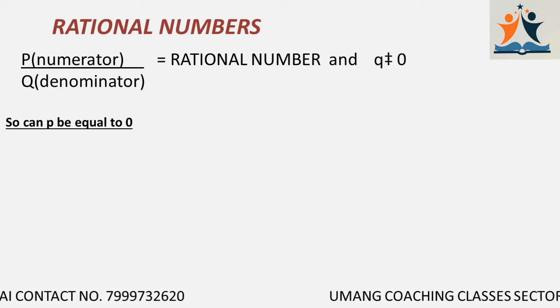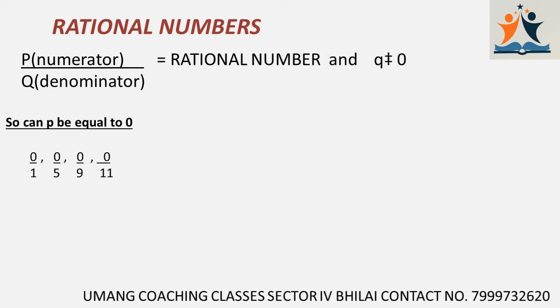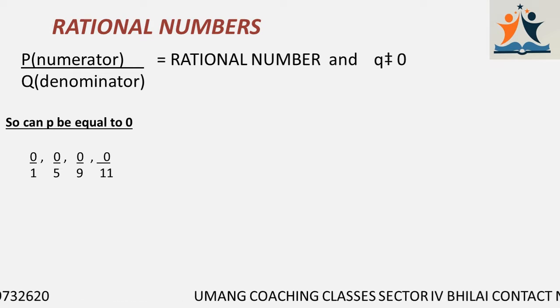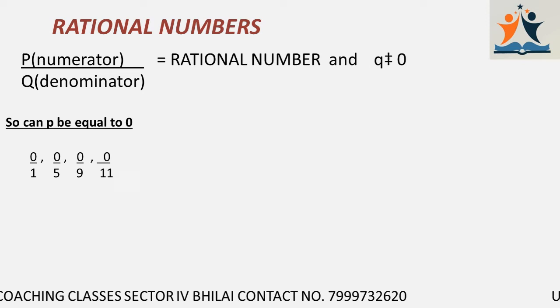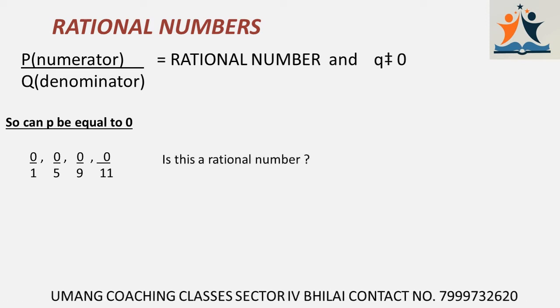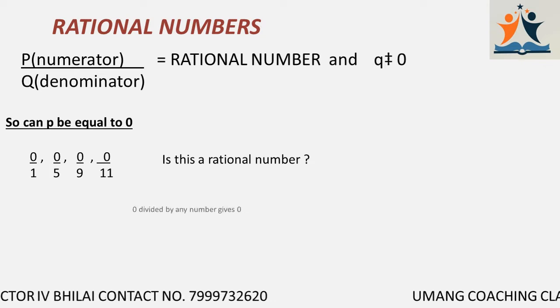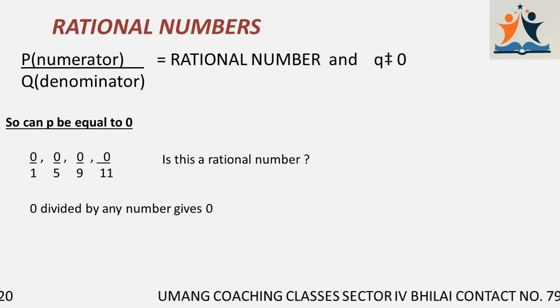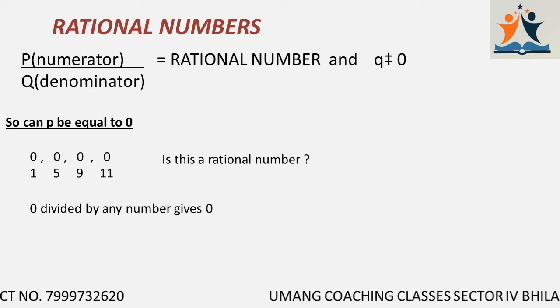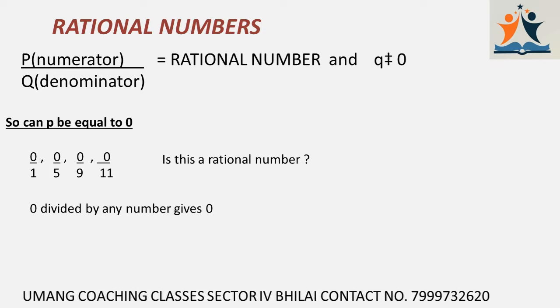What will happen in that case? Suppose 0 by 1, where the numerator p is 0. 0 by 5, 0 by 9, 0 by 11. Will this be a rational number? 0 divided by any number gives 0. If we divide 0 by any number, what will be the answer?